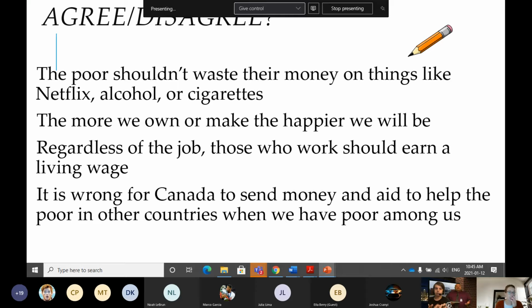So then what about this one? Agree or disagree? It is wrong for Canada to send money and aid to help the poor in other countries when we have poor among us.